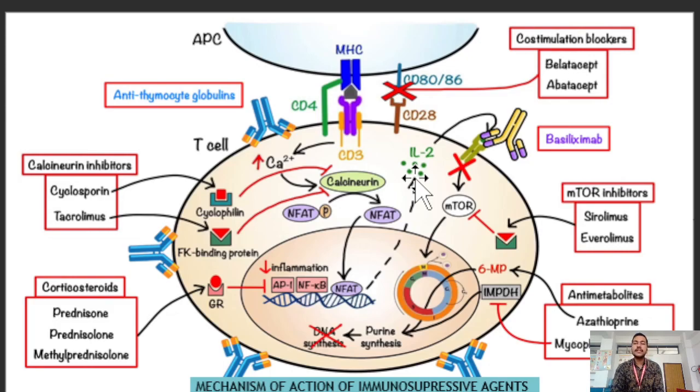Let us all recall again. When there is an increase in intracellular calcium ions, which is a result of signal transduction by the MHC, this increase in intracellular calcium ions will activate a compound called calcineurin. Now this activated calcineurin, what will it do?